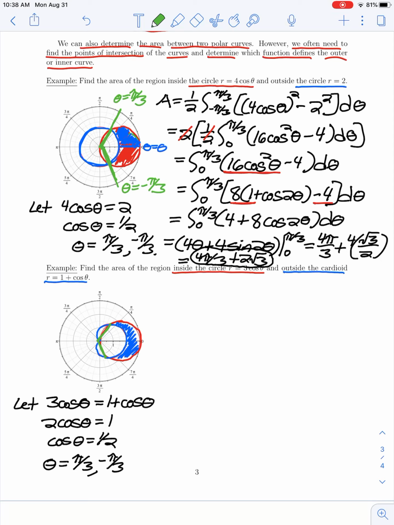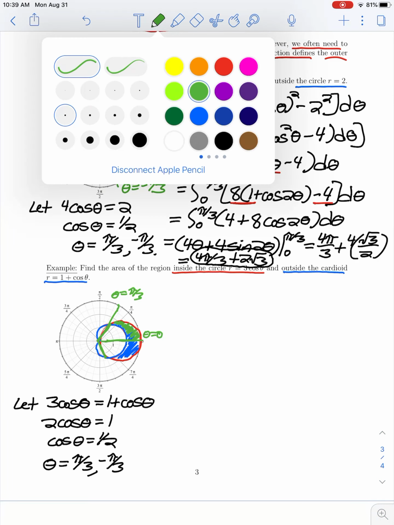So again, making use of the symmetry of this region, rather than integrate from negative pi over 3 to positive pi over 3, I could integrate from 0, that is theta equals 0, up to theta equals pi over 3. And then that would give me the area for the top half of my region, and I could then double it.